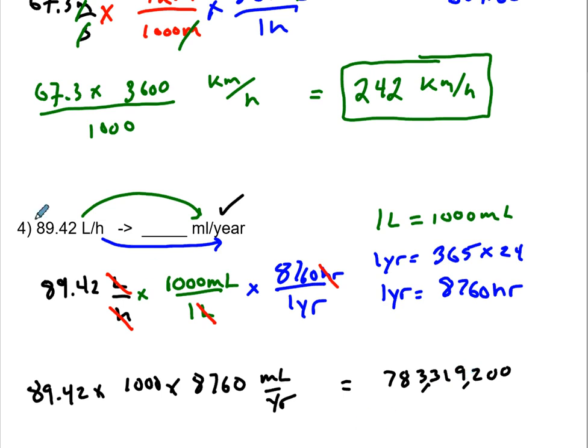All right, so we have 4 sig figs we can work with. So we actually don't need scientific notation. I could just kind of round. So 783,300,000 milliliters per year, which seems ridiculous, right?